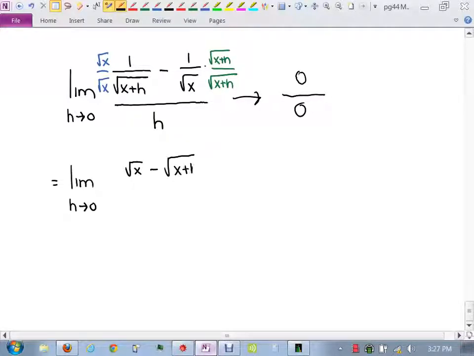Plus h, and then over the square root of x times the square root of x plus h. That's our common denominator. And then all of that over h, which will turn out to be an h over 1. But not yet. I'll do that later, okay?